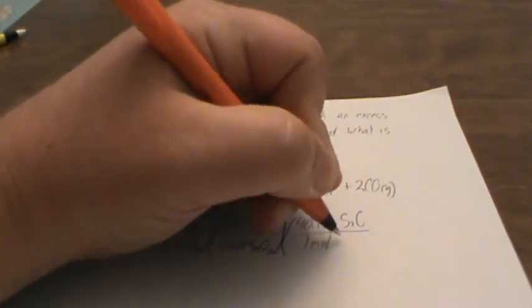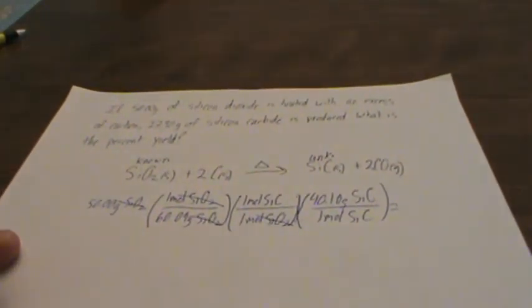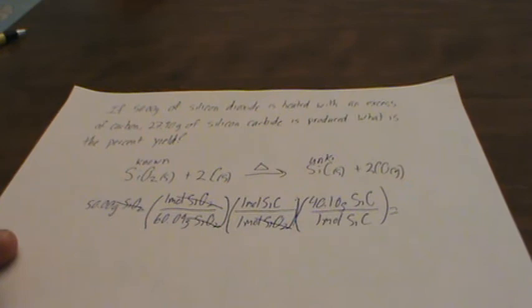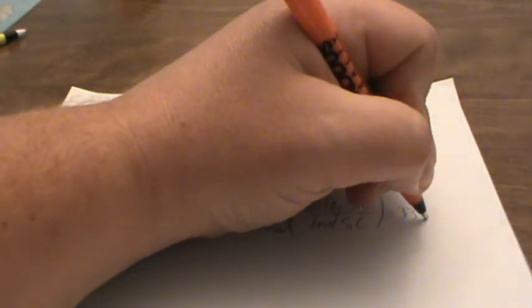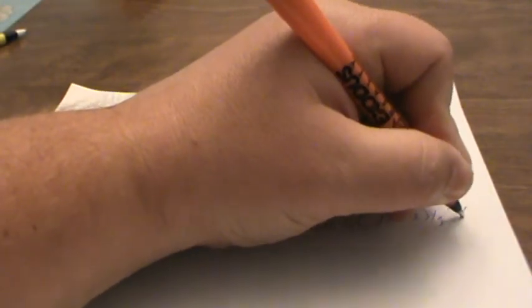That'll be over 1 mole SiC. So there's our setup. 50 times 40.10 divided by 60.09. I'm coming up with 33.37 grams.